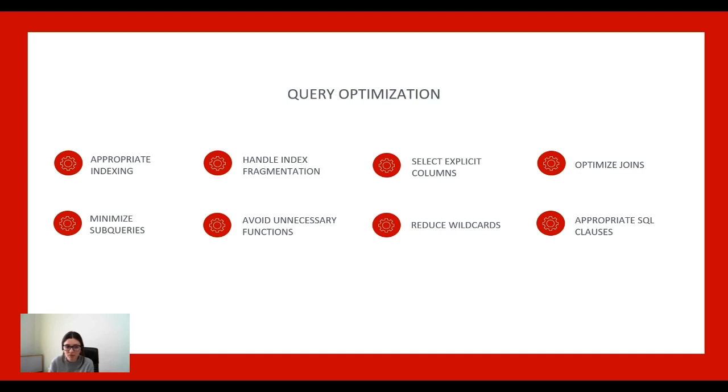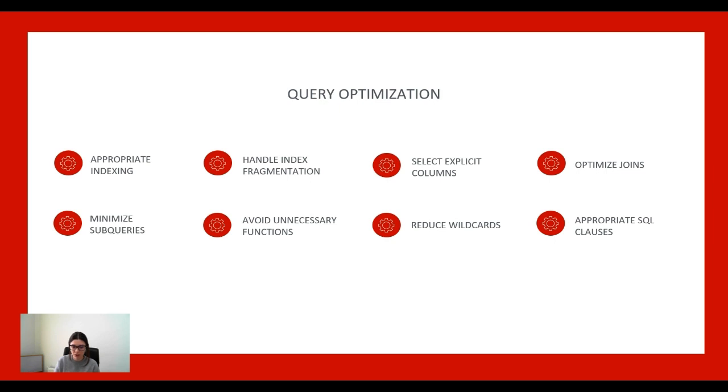As best practices, for example, appropriate indexes. We involve indexes on specific columns on tables. We maintain the indexes and avoid index fragmentation using index reorganize or rebuild. If possible, we are not selecting all columns, but only specific and explicit columns from tables. We optimize the joins. We minimize subqueries because subqueries again have their own execution times.